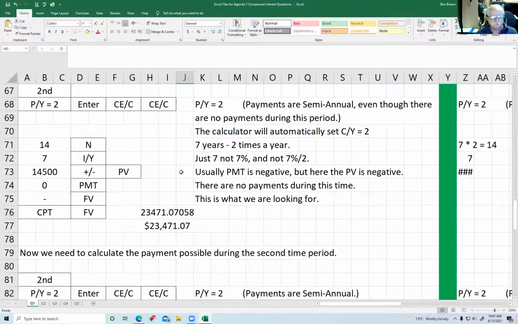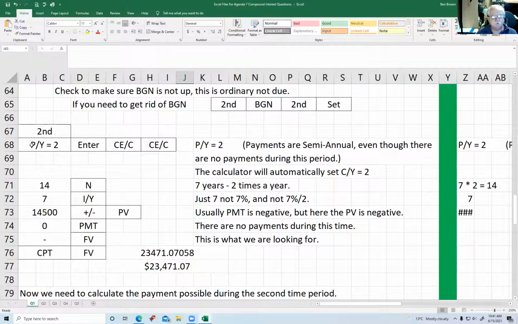And we've got to tell it the payments per year are 2, even though payments are semi-annual, even though for the first part, there's no payments. We still have to tell it the payments and the compounding is semi-annual. But the calculator will automatically set CY to 2, which is the compounding.